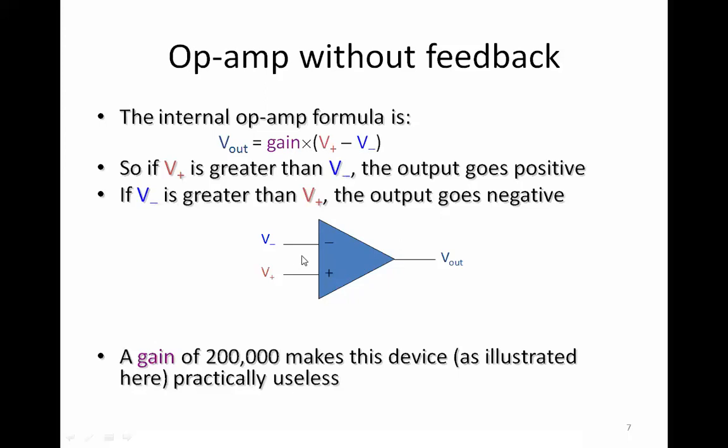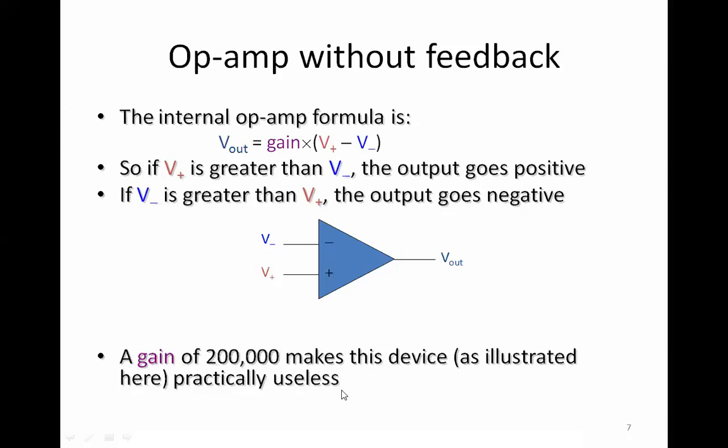I told you that 2 volts will be amplified. If V plus is greater than V minus, the output goes positive. If V minus is greater, the output goes negative. Whichever is higher, V plus or V minus, accordingly it becomes non-inverting or inverting. A gain of 2 lakh makes this device practically useless.